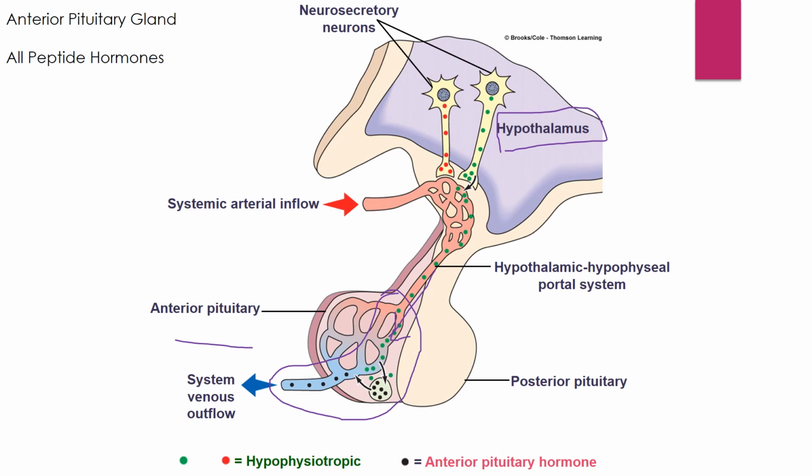And so the hypothalamus has these different neurosecretory neurons that will be released into the arterial systemic circuit, and then it will travel down the infundibulum and affect, either by inhibiting or by releasing, different stimulating factors that allow the anterior pituitary hormones to be released out into the bloodstream to go to their target tissues.